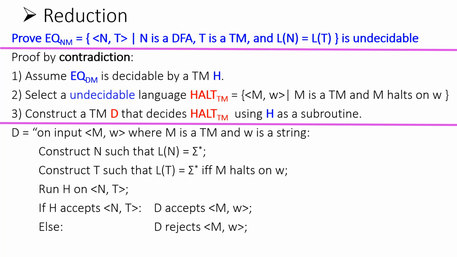If H accepts ⟨N, T⟩, then D accepts ⟨M, w⟩. If H rejects ⟨N, T⟩, then D rejects ⟨M, w⟩. Note that this H is a decider, so it always halts on its input, which makes D always halt, since it either ends in the if branch or the else branch.